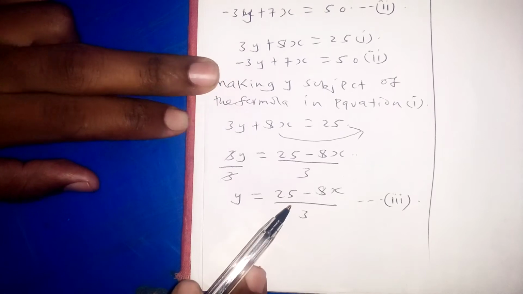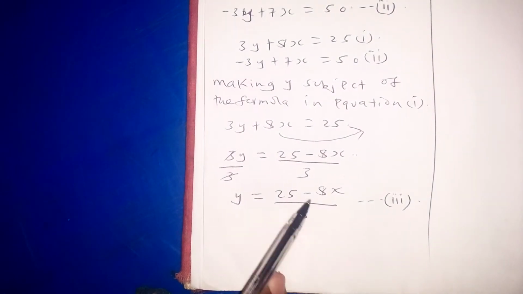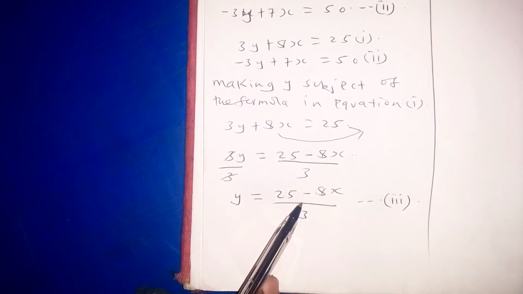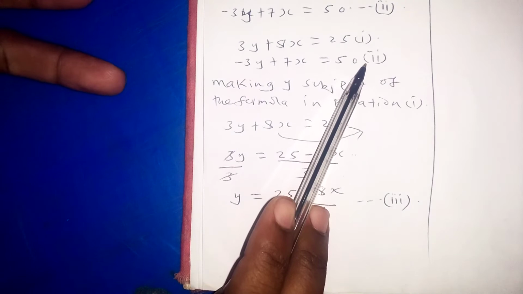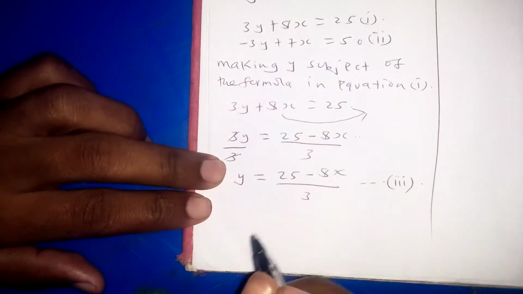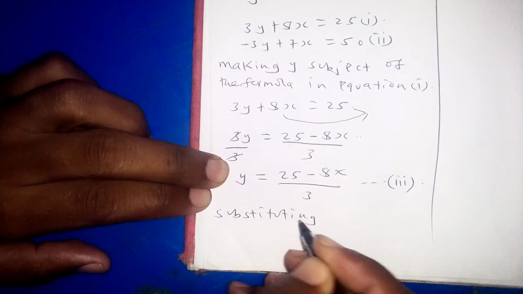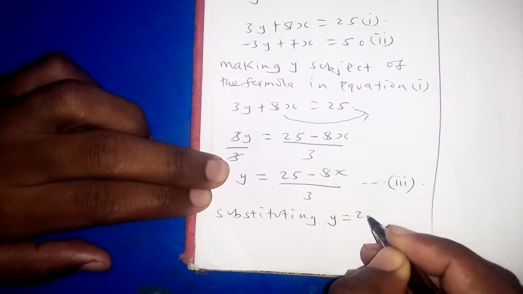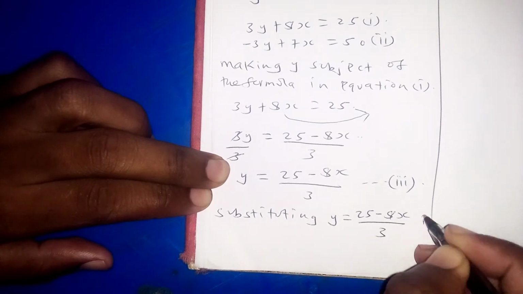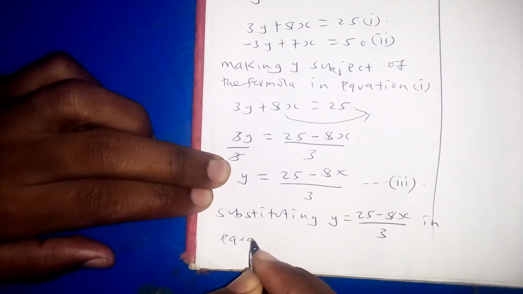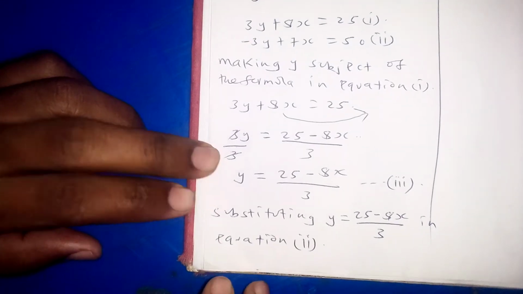Then because I've used equation Roman 1 to make y the subject, I'll simply substitute this in the equation that I've not used. That is my equation Roman 2, because I've not used it anywhere. So I'll simply say substituting y is equal to 25 minus 8x over 3 in equation Roman 2, I'll have the following.